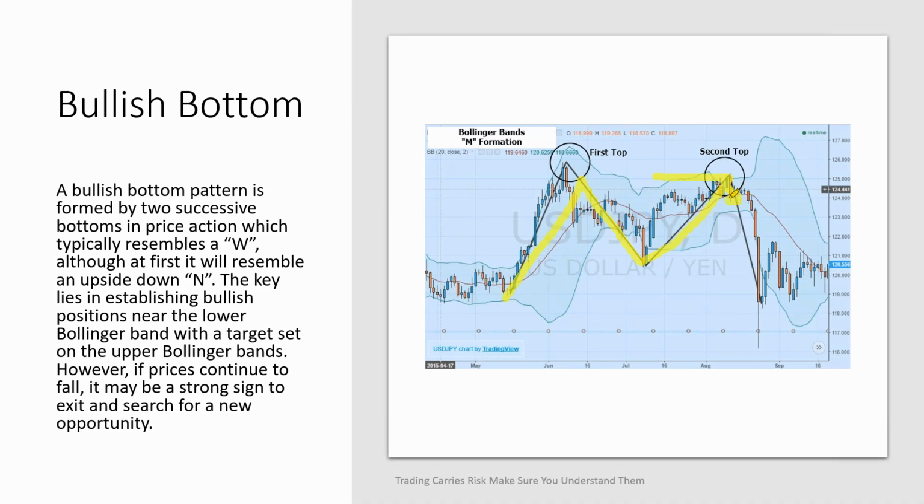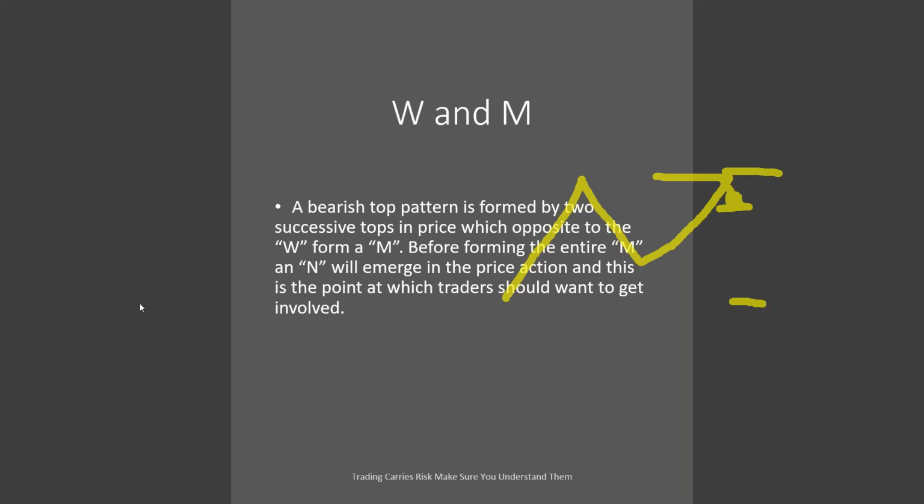When it breaks that moving average, wherever that moving average is, you now have, in this case, a sell opportunity, target point, stop loss point. So the W and M, the bearish top patterns formed by two successive tops in price, is the opposite of the W. Before forming the entire M, an N will emerge in the price action, and this is the point at which traders should want to get involved and see what's going on.